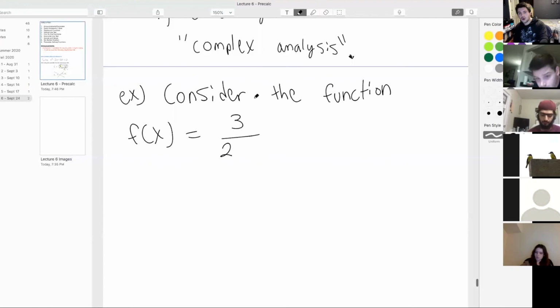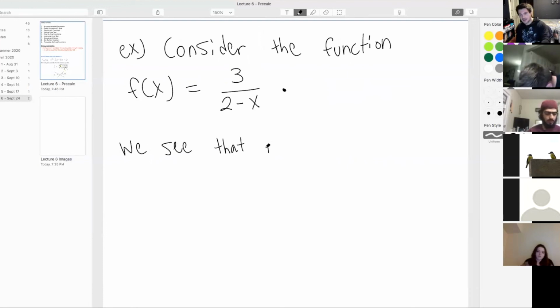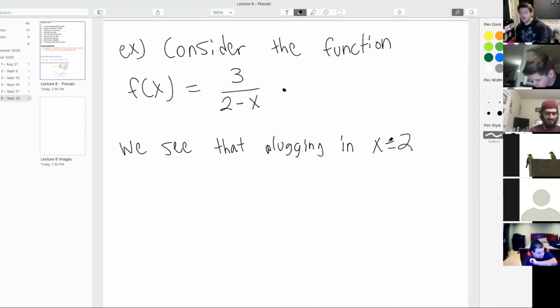So we see that plugging in x equals 2 is bad. Plugging in x equals 2 would cause division by 0.